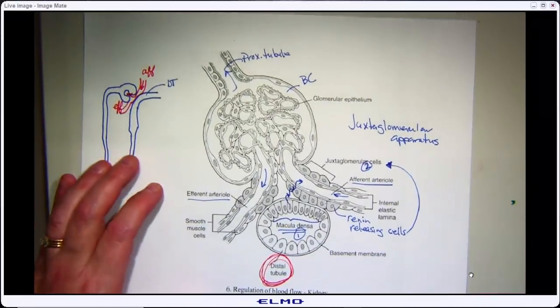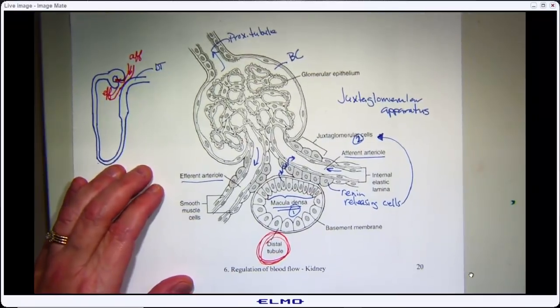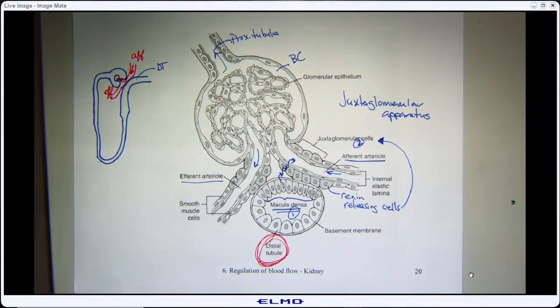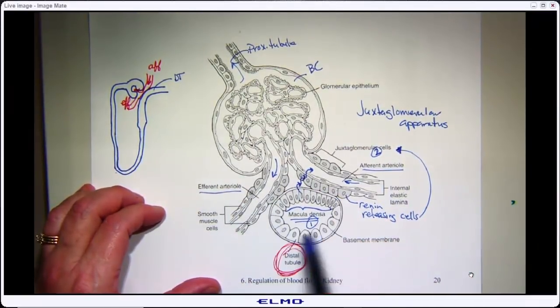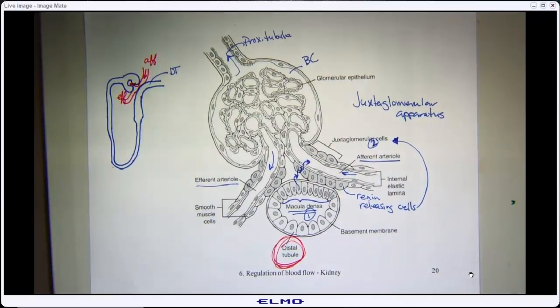So then we talked about the macula densa, where were we finding it? We were talking about how the distal tubule, anatomically, will curve back up to be in close proximity to the afferent and the efferent arterioles.